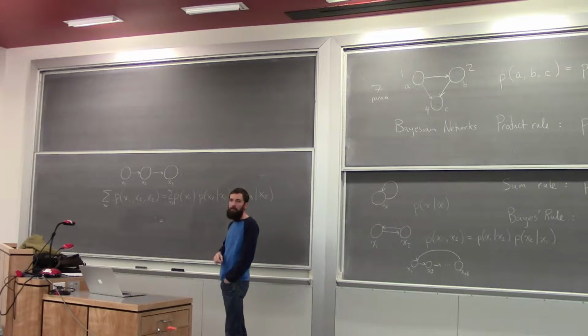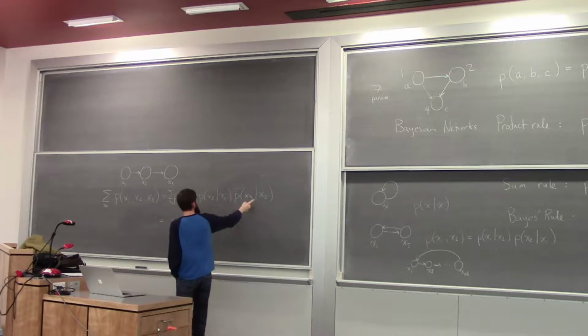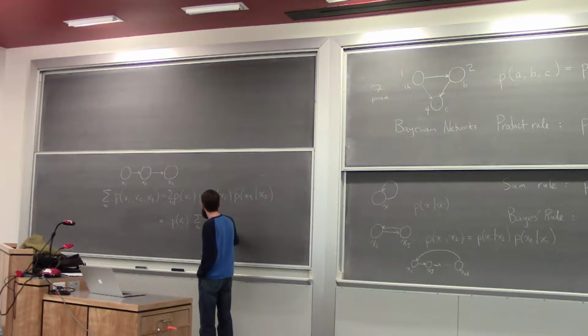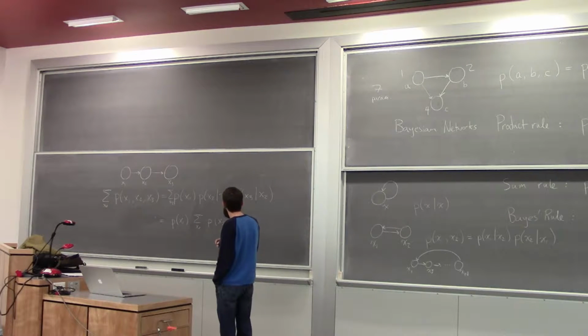Right, is everybody happy with that? I can bring that inside with x1 there. And I've got x2 here. I use the product rule to put these two together. Oh wait, no, I can't use the product rule. But, hang on.